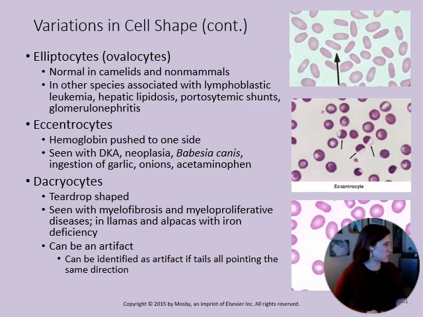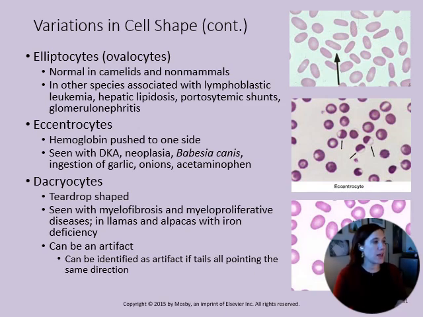Physiologically, we'll see those in woodchucks, manatees, and dolphins. Good to know. Target cells that we talked about, we can see these with iron deficiency, alterations in lipid content, and those liver disorders. So that website's also a wonderful resource for you.